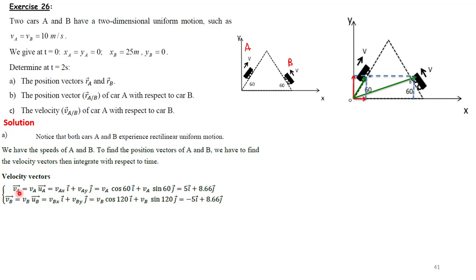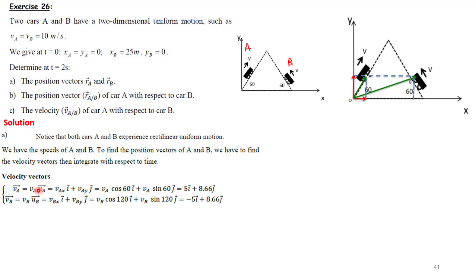So VA can be written as VA cosine 60 along I plus VA sine 60 along J. VA cosine 60 is 5 and VA sine 60 is 8.66.